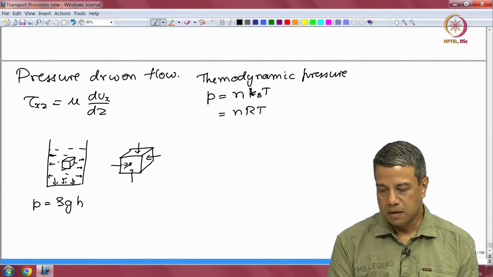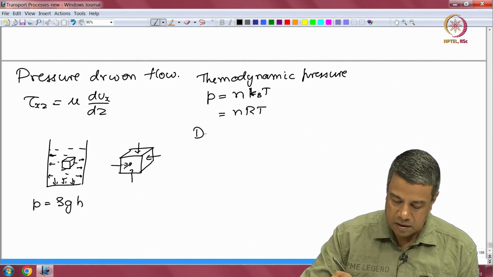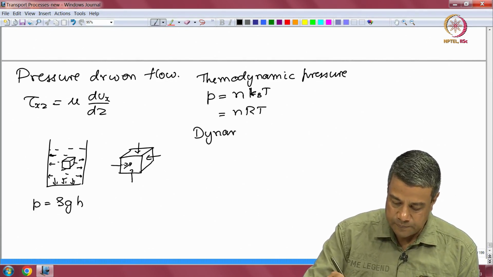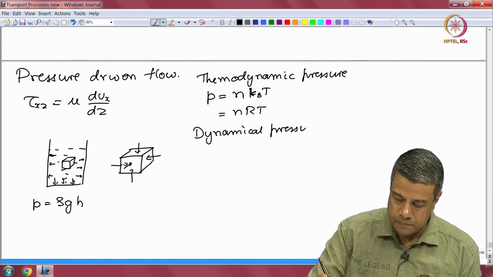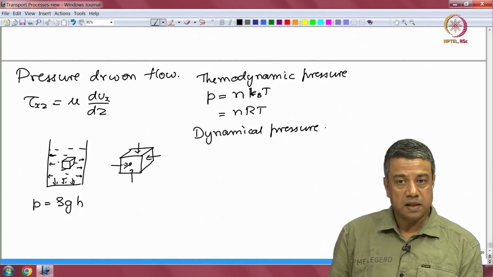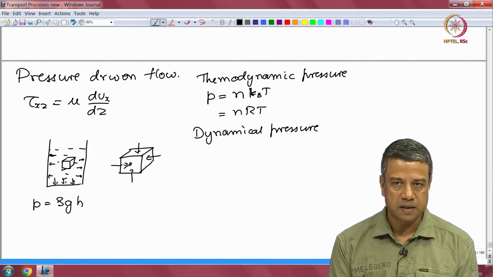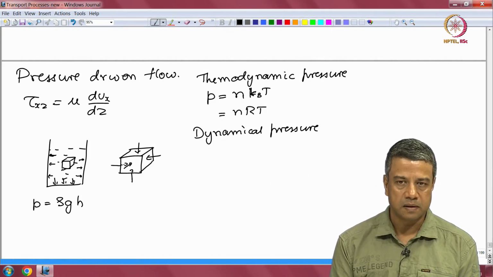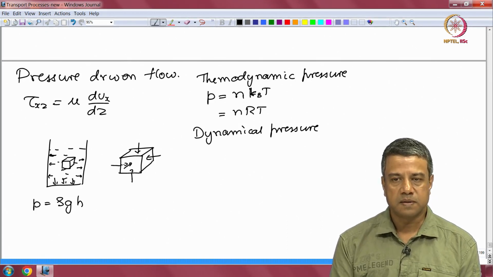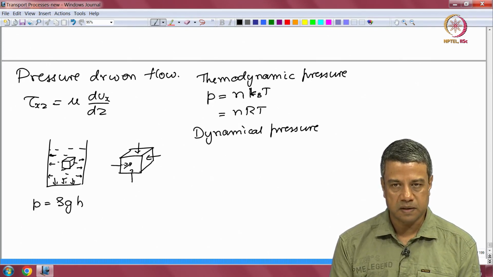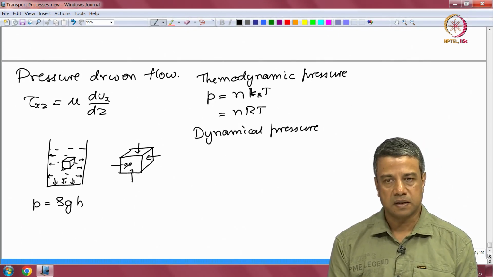The dynamical pressure, on the other hand, is often a relative pressure. For example, when we measure a pressure under terrestrial conditions, it is always with respect to the atmospheric pressure. So, there is a constant background pressure, which is the atmospheric pressure.